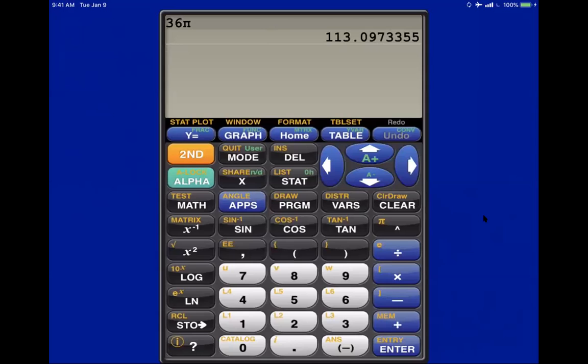Let me just show you real quick. If you weren't paying attention and you use 3.14 for pi, you would get 113.04, which to 1 decimal place would round to 113.0. So like I said, it would throw off the answer just enough for your online homework to mark it wrong.